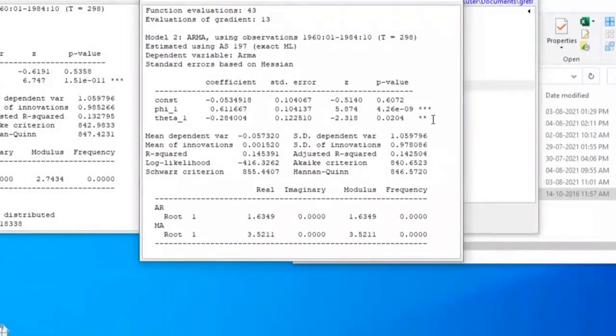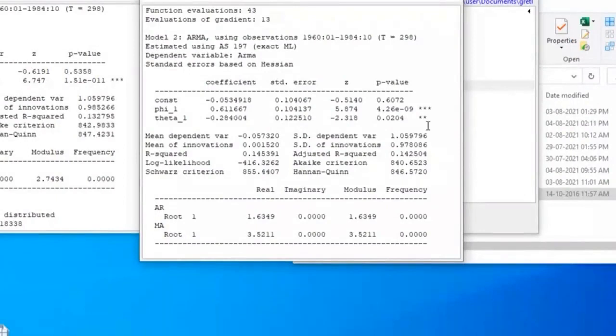Sir, in the AR process, the number of spikes in the PACF lets us identify the order of the process. Sir, in AR and MA, from the correlogram, what should we be seeing to find the order of the process?